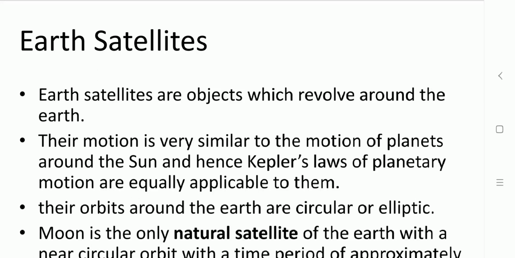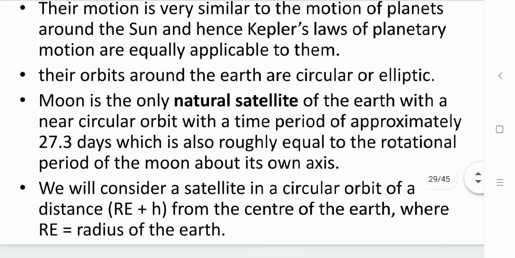The Moon is the only natural satellite of the Earth, having a near circular orbit with a time period of 27.3 days. That is roughly equal to the rotational period of the Moon. So here we consider a satellite in a circular orbit at a distance RE plus h from the center of the Earth, where RE is the radius of the Earth and h is the distance of the satellite from the surface of the Earth.